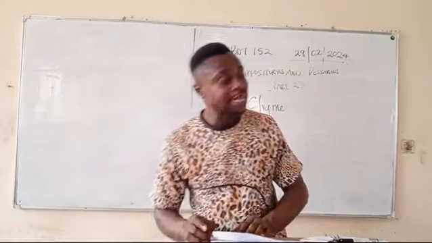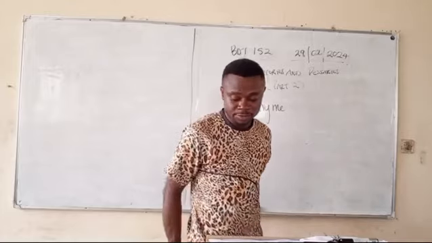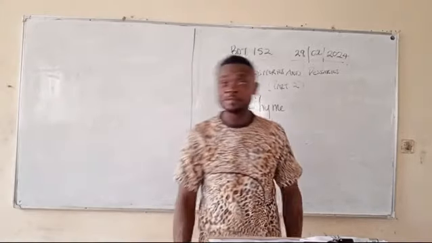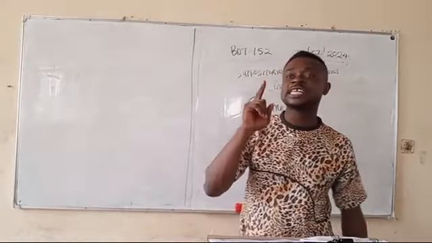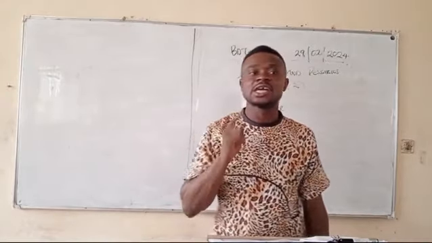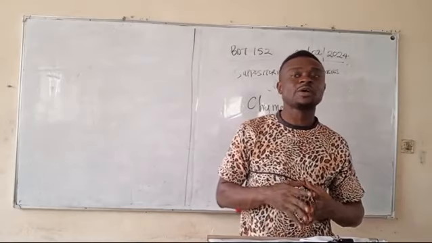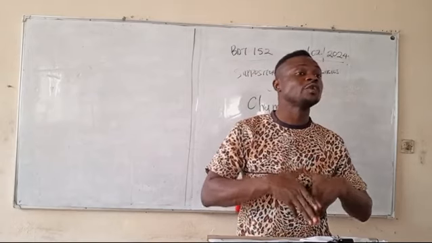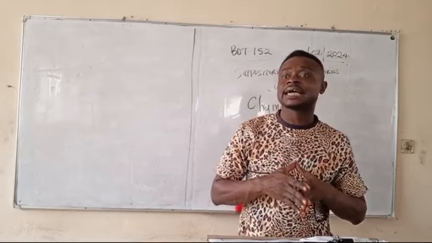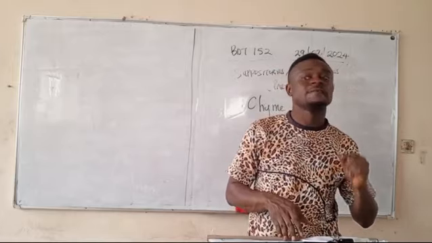Now, what happens in circulation? Remember yesterday we discussed the advantages of the suppository. We said it is very good for formulating drugs that are susceptible to first pass metabolism.